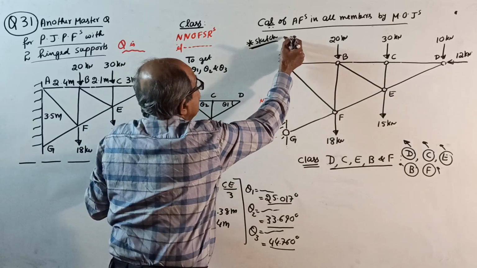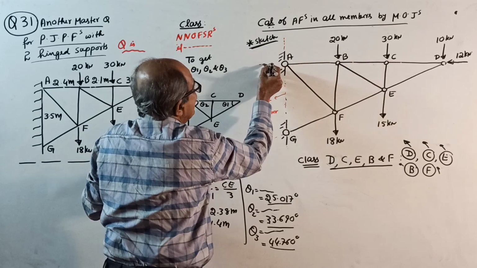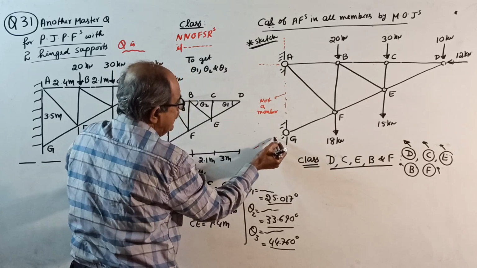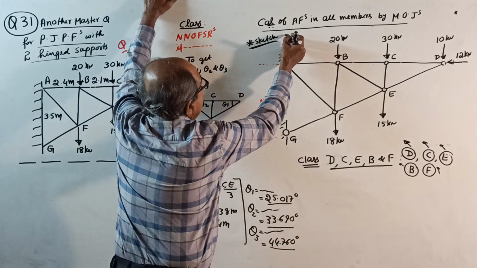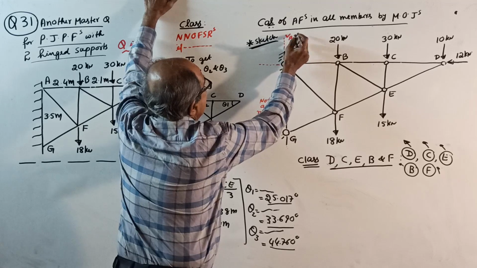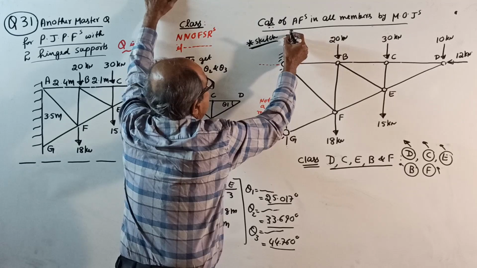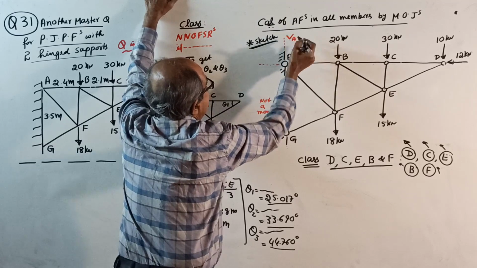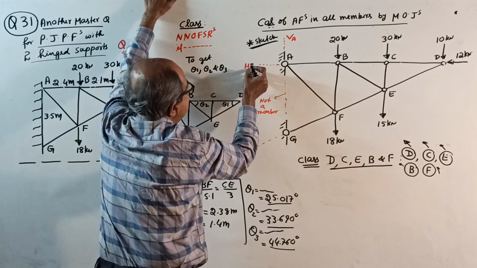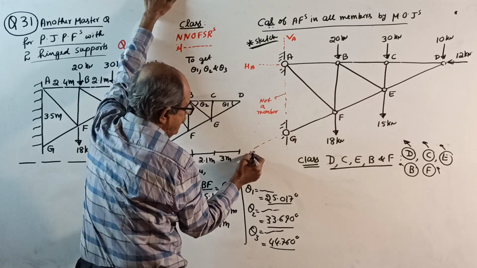So here 2 reactions, here only 1 reaction. This is vertical reaction VA, this is HA, and this I will call RG.